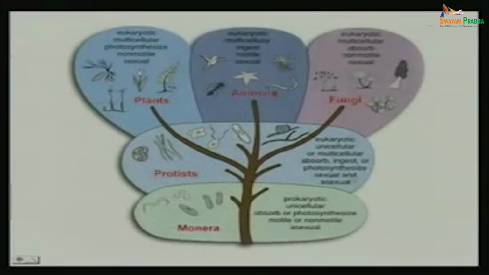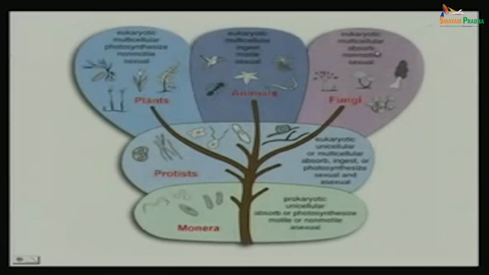Its main reproduction is either through sexual means or by asexual means. If we further classify this protist, depending upon its development, this protist can be once again classified into fungi, plant and animal.